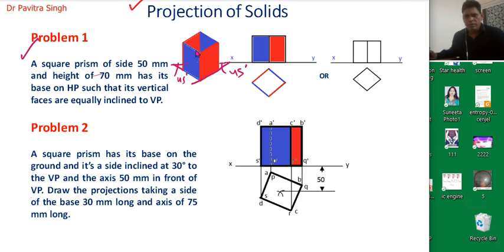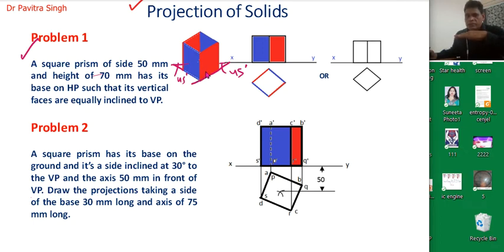So this is kept on the horizontal plane in such a way that its one surface, in the red color, is making 45 degrees with the vertical plane, and this will be projected below the xy line. Similarly, this surface is also making a 45 degree angle with the vertical plane.